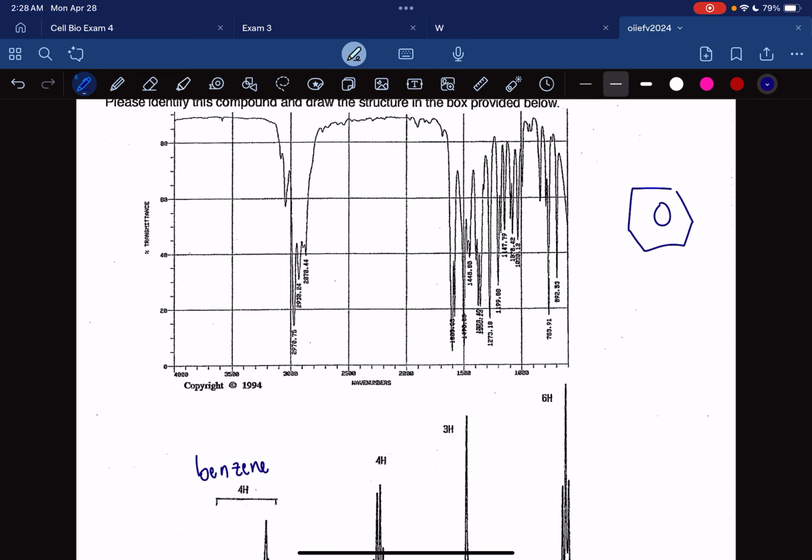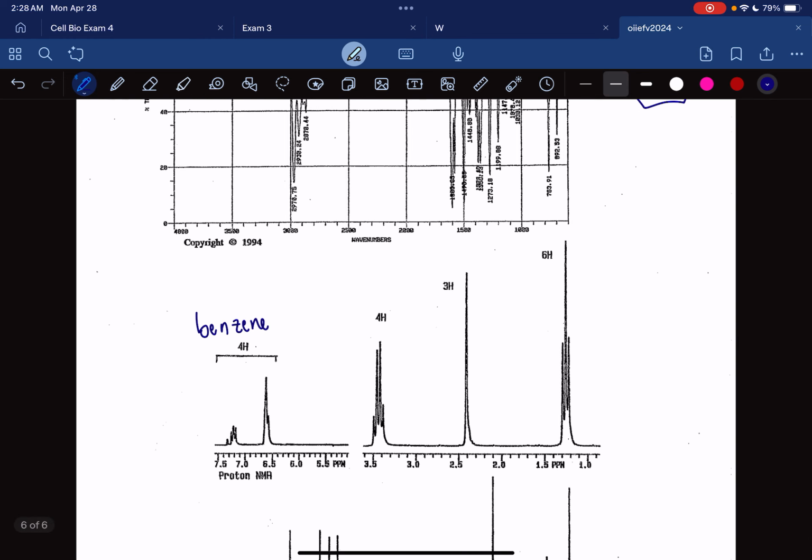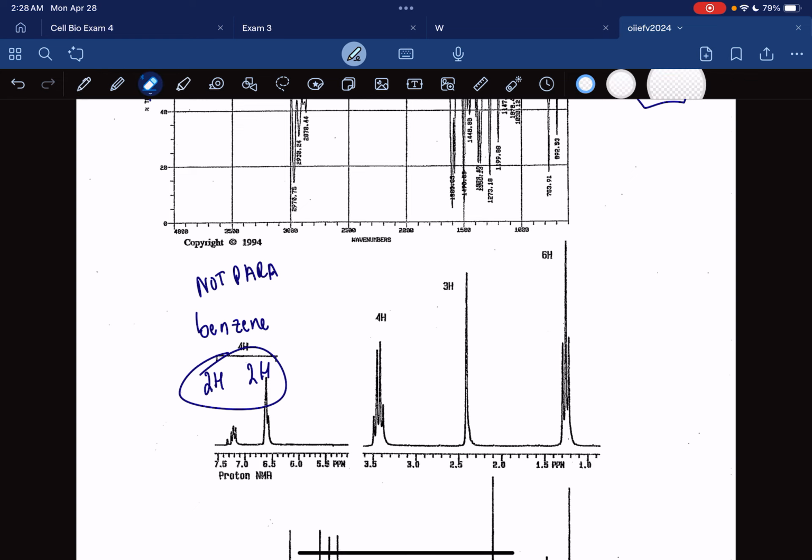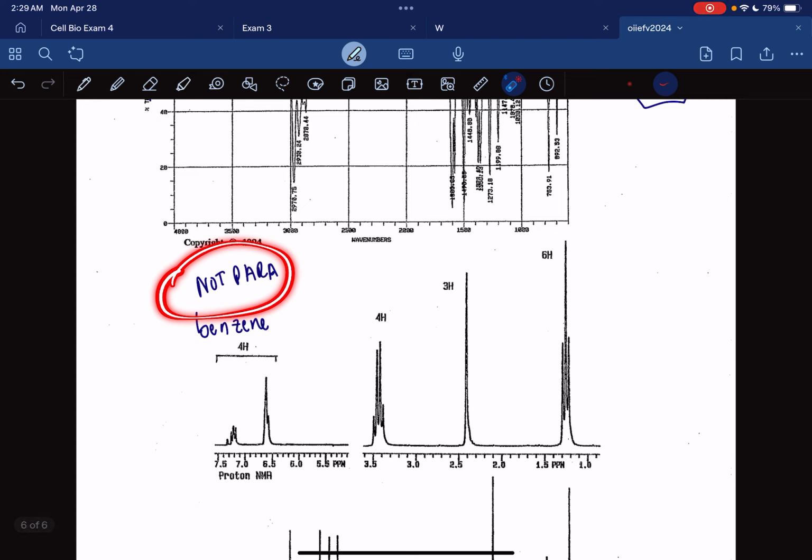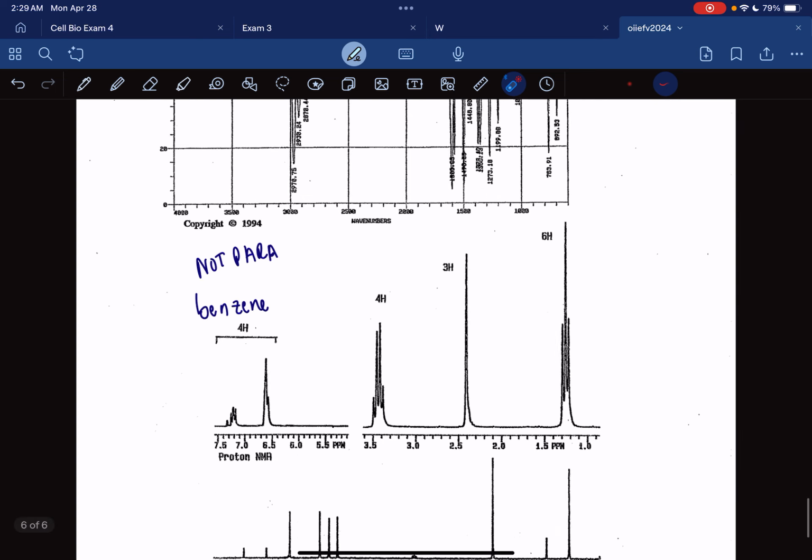Okay. Now you should know that 4H, this is not para. Ever. So para has to be 2H, 2H. If you don't see this, then it's absolutely not para, and you would get points off. So other than that, the ortho-meta splitting is kind of difficult to pinpoint between each other.